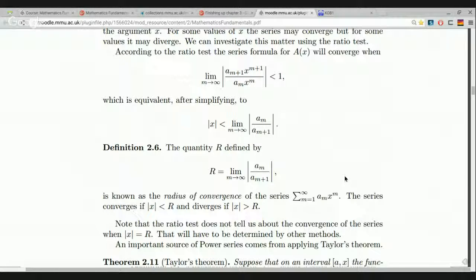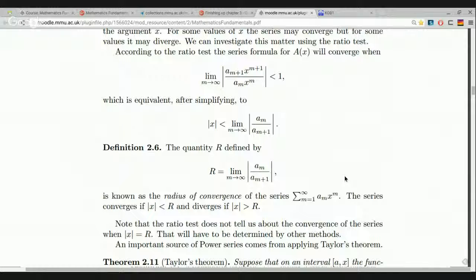Is that limit, as m goes to infinity. Okay. So this limit gets called R.